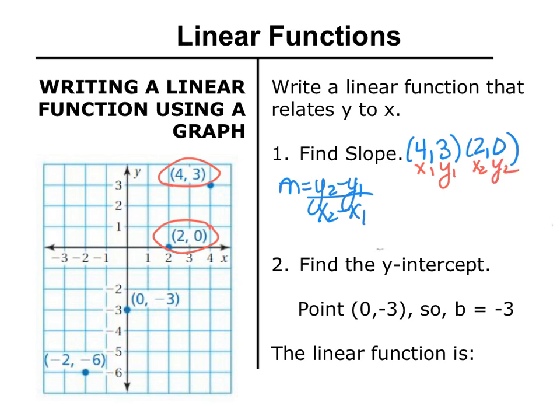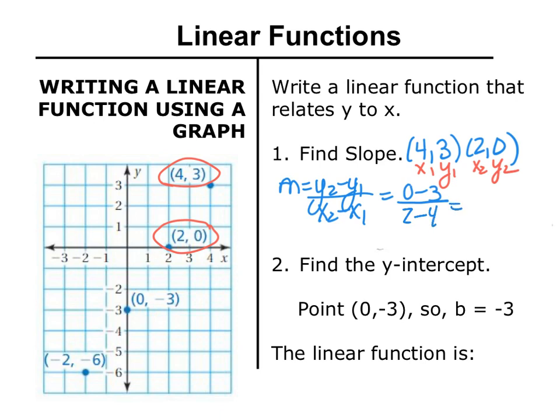Now I can plug them into my equation. y2 is 0 minus y1 is 3, so I've got 0 minus 3 in the numerator. In the denominator, x2 is 2 and x1 is 4, so 2 minus 4.